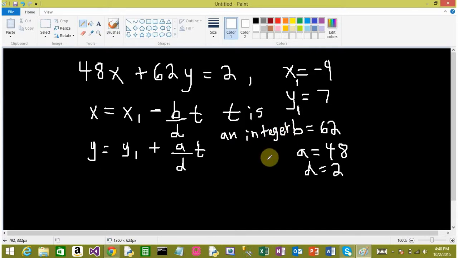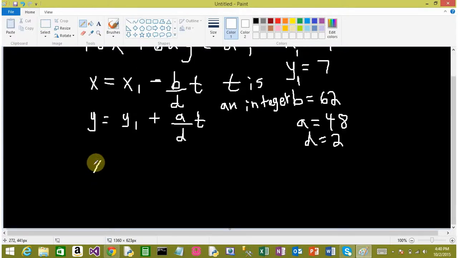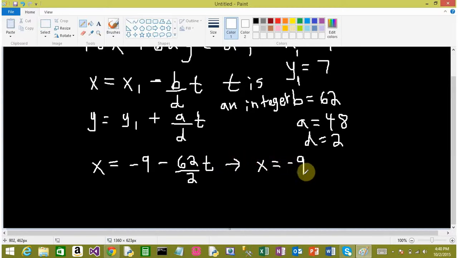So when we do that, x1 is -9, and then we have minus b, which is 62, over d, which is 2, times t. So this means that x equals -9 minus 62 divided by 2, which is 31, so it's 31t.